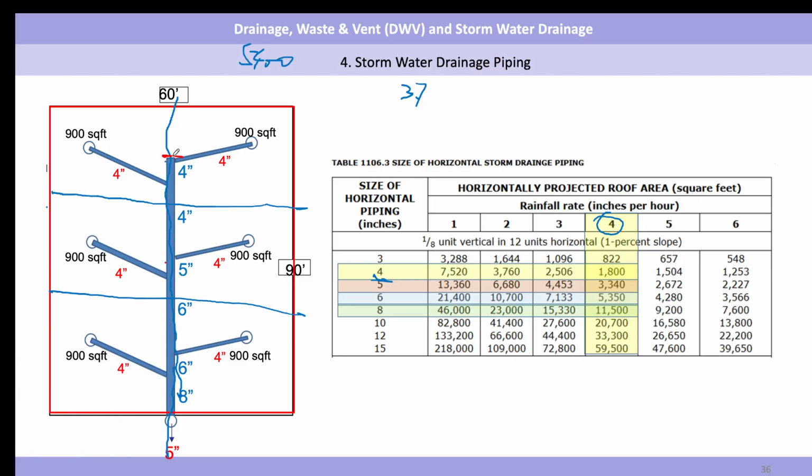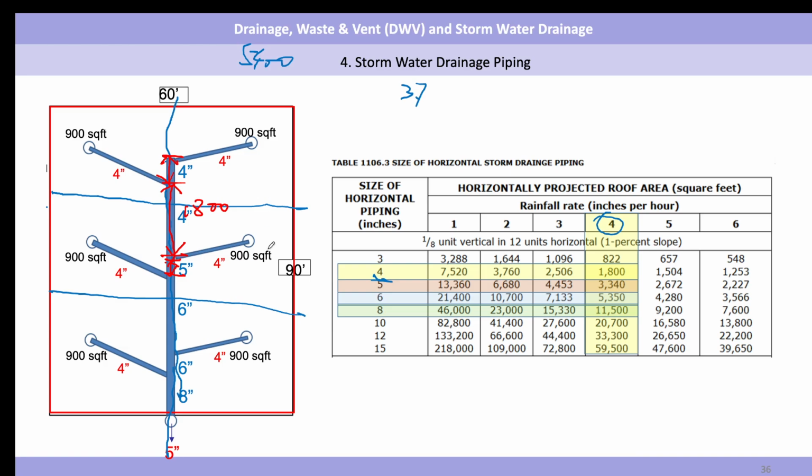How about this area? Same as this one, only 900 square feet, so 4. Again, this area: the water from 2 drains will go through this area, so we have to consider 1800 square feet, which is 4.